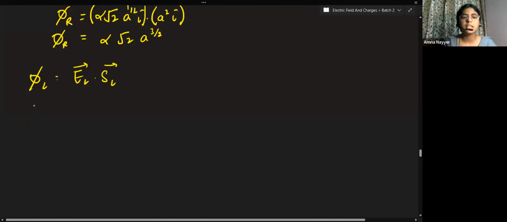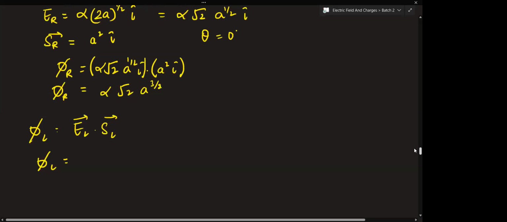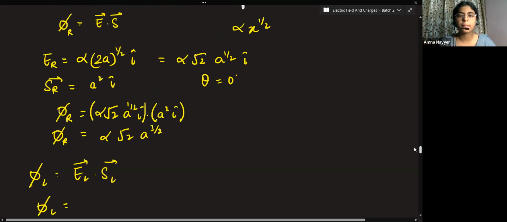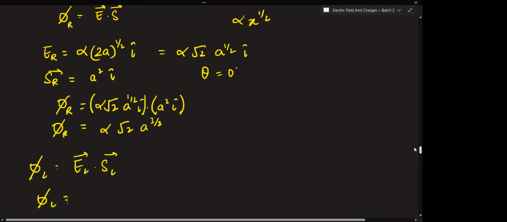Now see, flux, ma'am, how is A to the 3 by 2, ma'am? I mean the power of A. Ma'am, alpha root 2 A 3 by 2. A power 3 by 2. So what should be the answer?